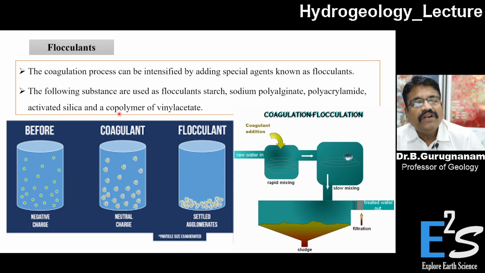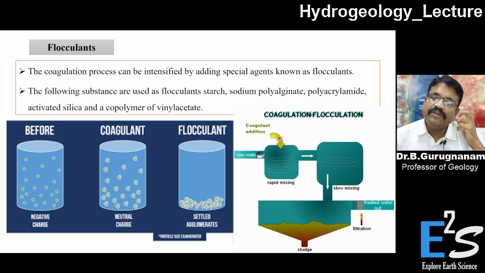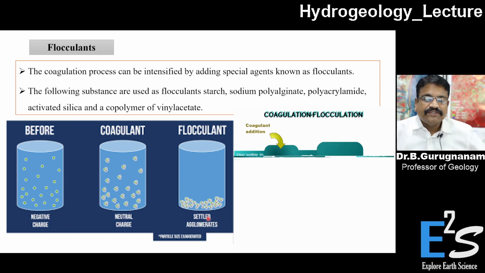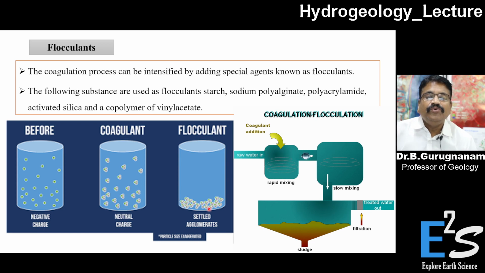Now, what is flocculation? In flocculation you see rapid mixing, then slow mixing. In the last figure, a huge amount of bubbles will come first, and then the second process is slow automatically. You see, before there is negative charge, then neutral charge, and then the agglomerates settle. So this is the process before, during, and after. The coagulation process can be intensified by adding special agents known as flocculants.